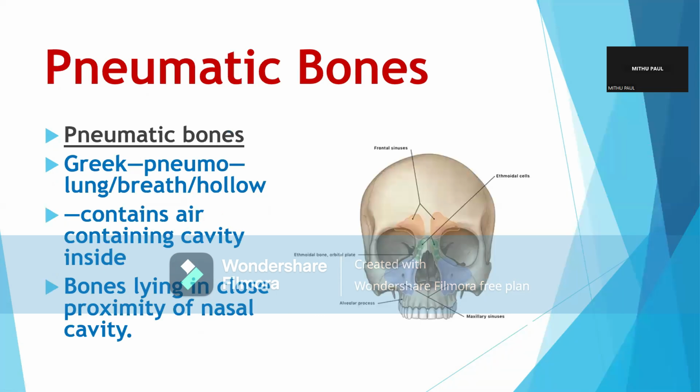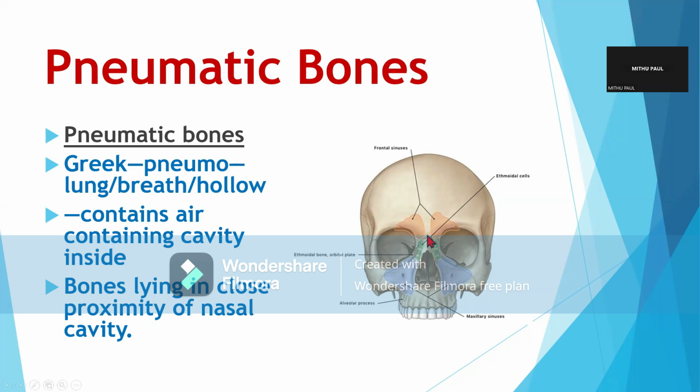Pneumatic bone. Pneuma or pneumo is a word of Greek origin meaning lung, breath, hollow, air. So it is an air containing structure. In dry bone, you will see the cavities. In living bone, the cavities are lined with mucous membrane to convert them into structures known as sinuses.